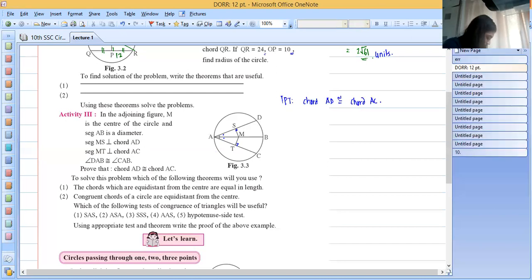Okay? We know that the perpendicular from the center to the chord bisects the chord.